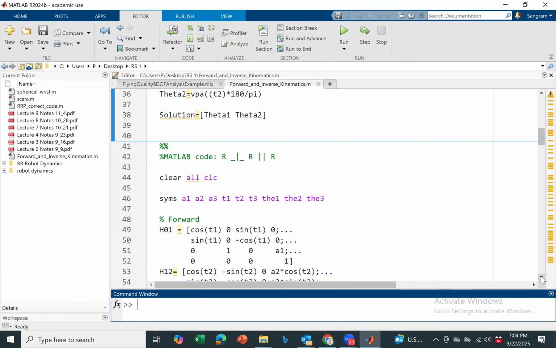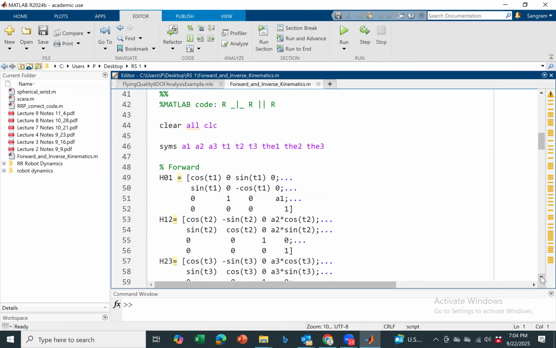Can you check my homogeneous transformation? 0h1 is nothing but h01 because MATLAB will not allow you to define a variable starting with a number. You need to start with an alphabet. So this is 0h1. This is 1h2. Can you see 1h2? And 2h3.